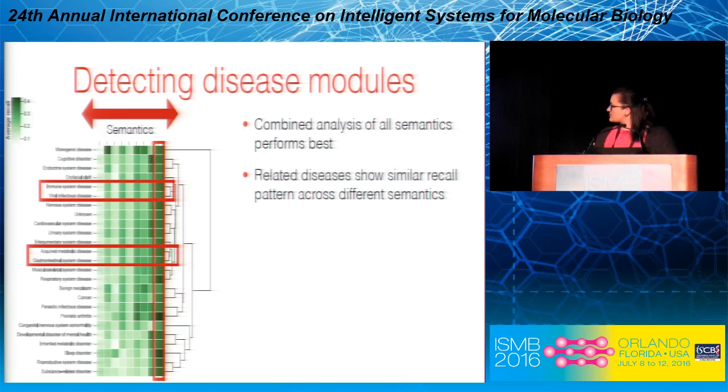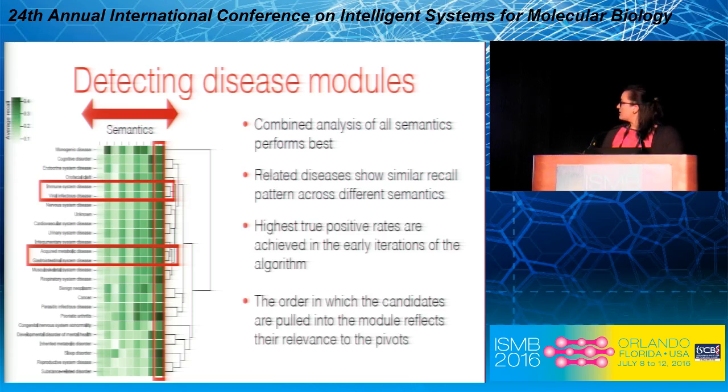Additionally, what is interesting is that related diseases, such as diseases that are related to immune systems or that belong to the same class, generally have similar patterns of recall. This is something that would be expected of a method that makes robust predictions. Furthermore, another interesting result is that highest true positive rates are usually achieved in the early iterations of the algorithm, which makes the method appropriate for tasks such as gene prioritization.